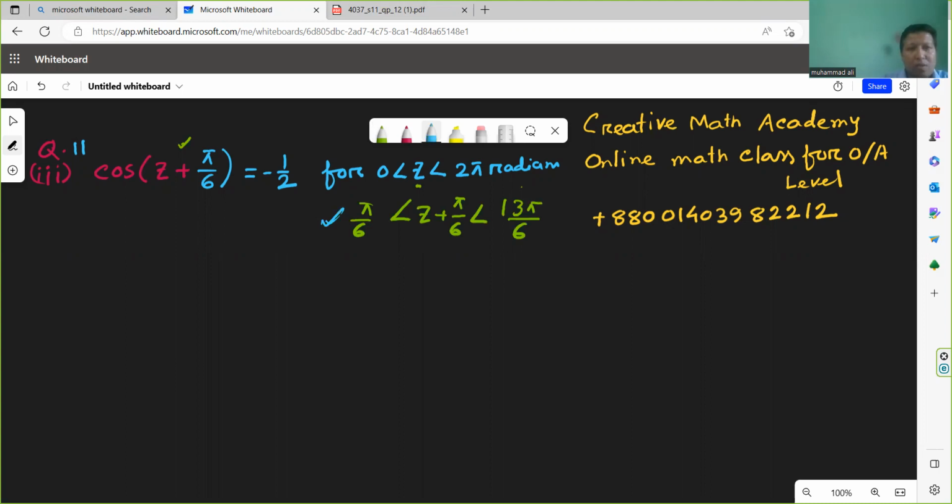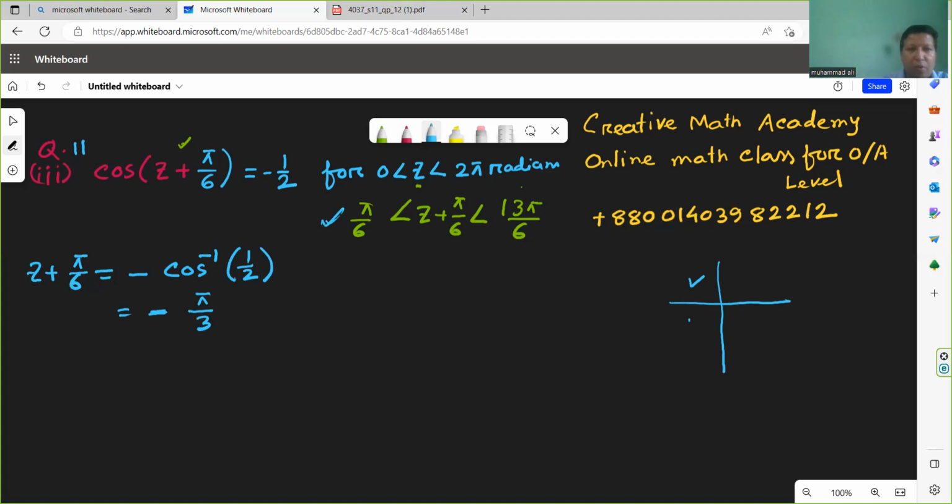Now z plus pi by 6 equals, keep the minus outside, so cos inverse half. Cos inverse half means in radian mode it will be pi by 3. This minus indicates we will search where cos is negative. From pi by 6 to 13 pi by 6, cos is negative in the second quadrant and also negative in the third quadrant.